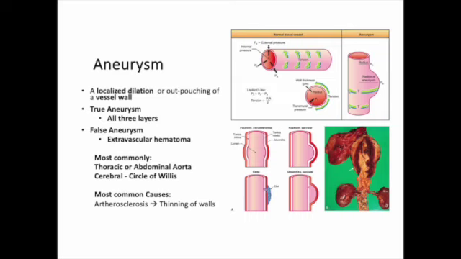So a true aneurysm is where this damage and thinning is occurring in all three layers of the aorta. A false aneurysm is when it's only affecting the extravascular hematoma, or extravascular hematoma is occurring through that layer.